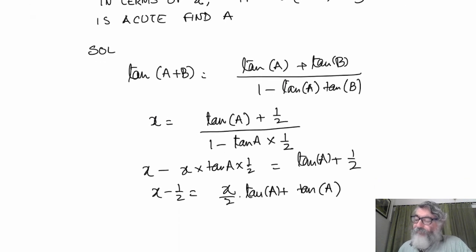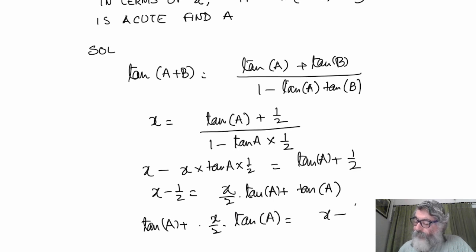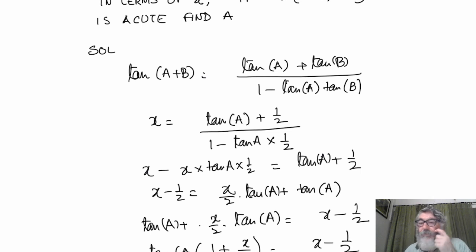I'll bring the tan a to the right hand side, because I need to calculate tan a. So tan a plus (x by 2) tan a is equal to x minus 1 upon 2. If I take tan a common here, what will I be left with? 1 plus x upon 2. And it is x minus 1 upon 2.